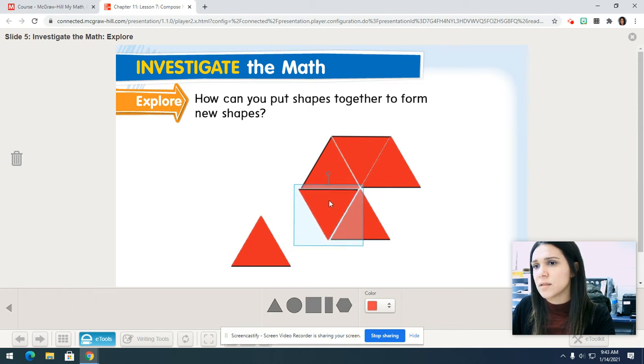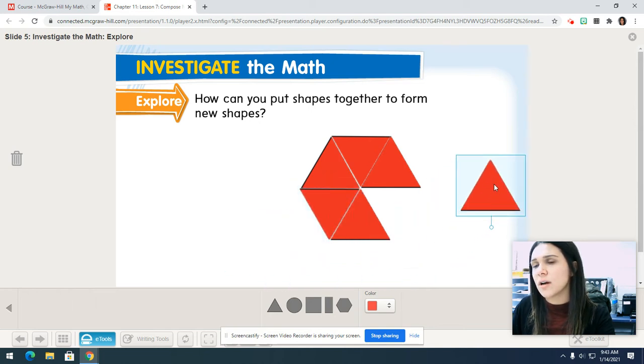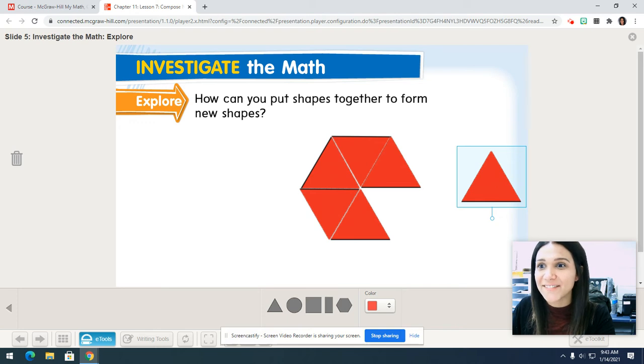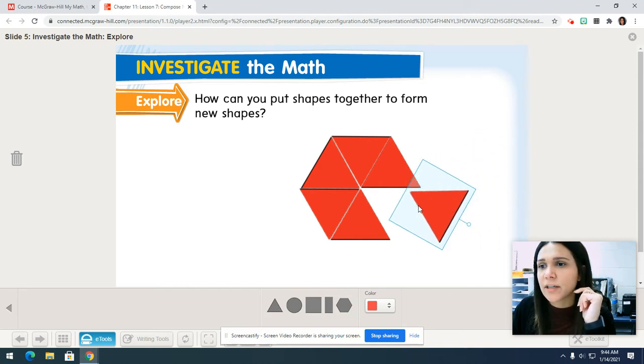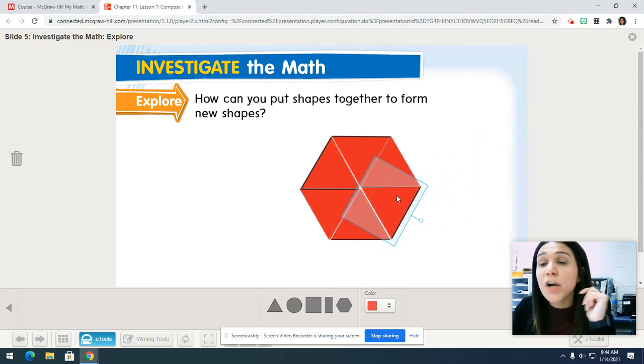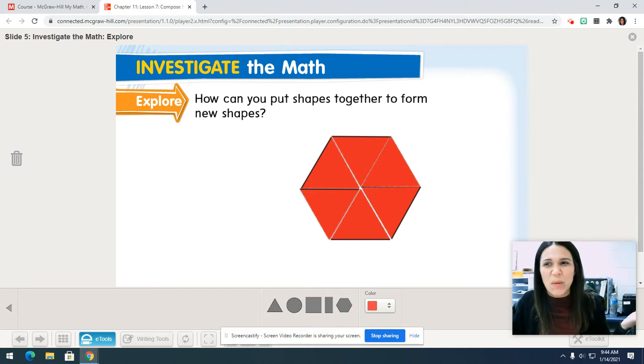Okay. So boys and girls, watch. I almost have a shape. I'm going to move this because I'm looking at my triangle and it fits perfectly, like a slice of pizza almost. Boys and girls, we used 1, 2, 3, 4, 5, 6 triangles to make what shape?